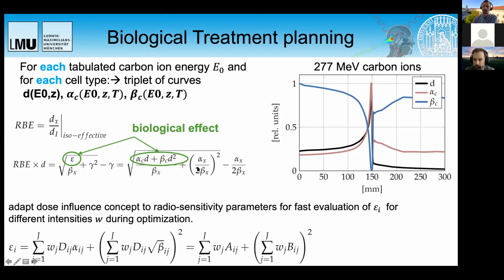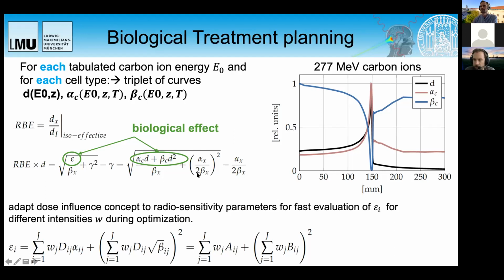And this does not cost much during the optimization. So from a performance point of view, it does not really matter if you optimize the biological effect, and then at the very end, after iteration 200, when you're done, convert it back to the RBE weighted dose, or you directly optimize on the RBE weighted dose, which is the complete expression that you see here.